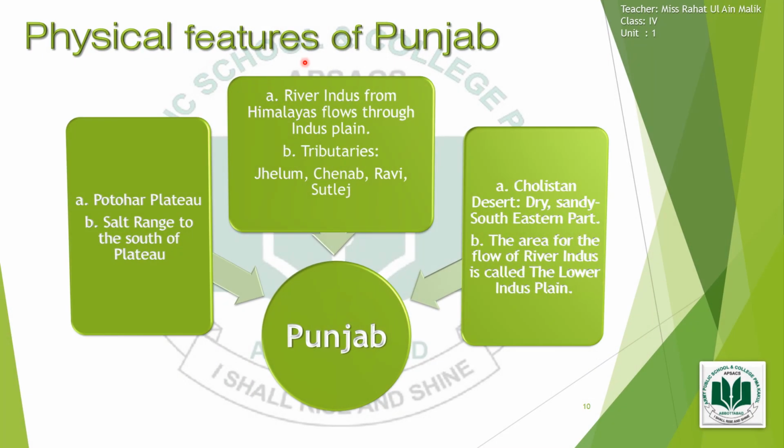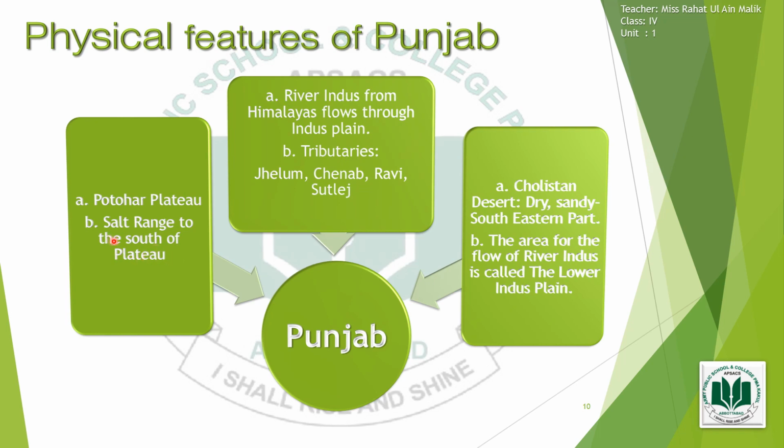Okay, next in the list is Punjab. You can see on page number 7 of your textbook. It says that in Punjab lies the Potohar Plateau. Again, plateau is the highland, high grounds. So Potohar Plateau is to be found in Punjab. Then it says that to the south of the plateau lies the Salt Range, beyond which begins the Indus Plain.